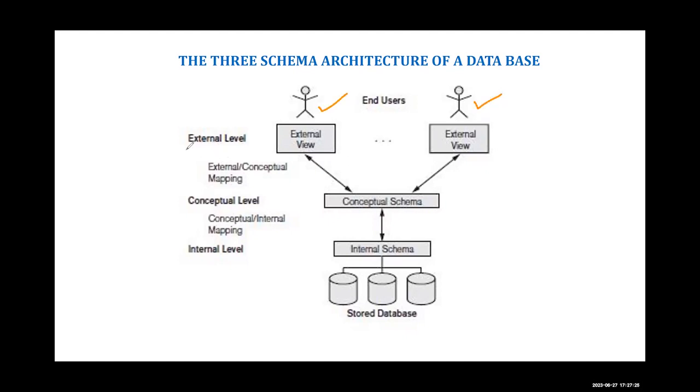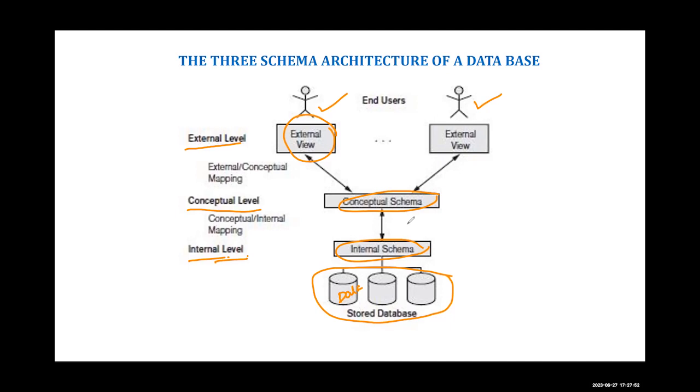Then I have something called an external view, then I have the conceptual level, then I have the internal level. So these are the different levels. Then I have the external view, then the conceptual schema, then the internal schema, and if you see, my actual data or the database is here, that is the stored database. This is where my actual data is lying. So what are these different levels?